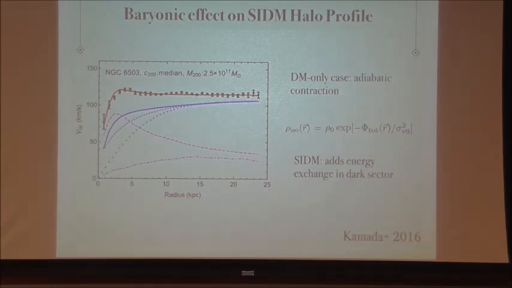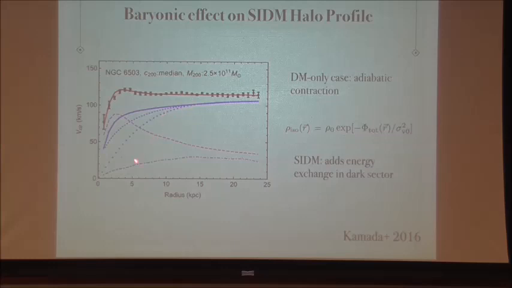And so what we did is that we solved this in axisymmetry, basically doing a Legendre expansion to take into account the exponential disk. And on the left-hand side, I show the effect of the baryons on the SIDM halo. So in magenta here, this is the gas disk, and this is the stellar disk.